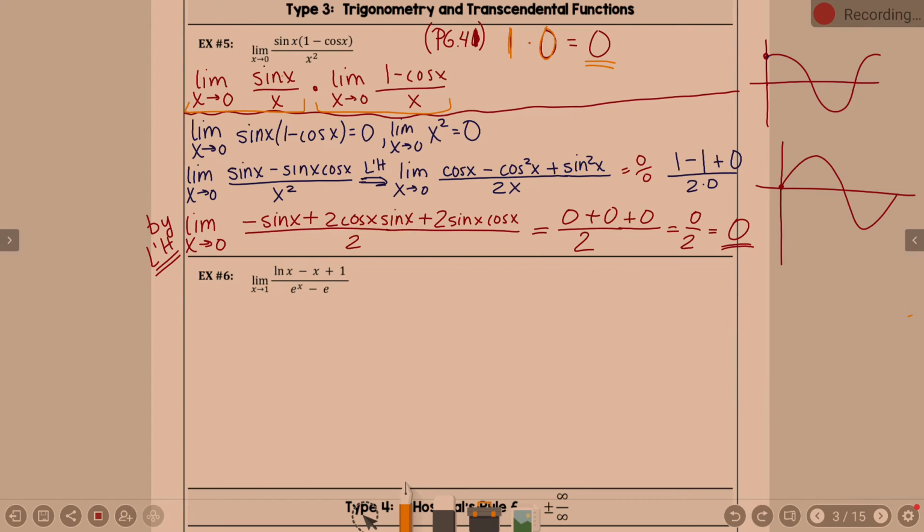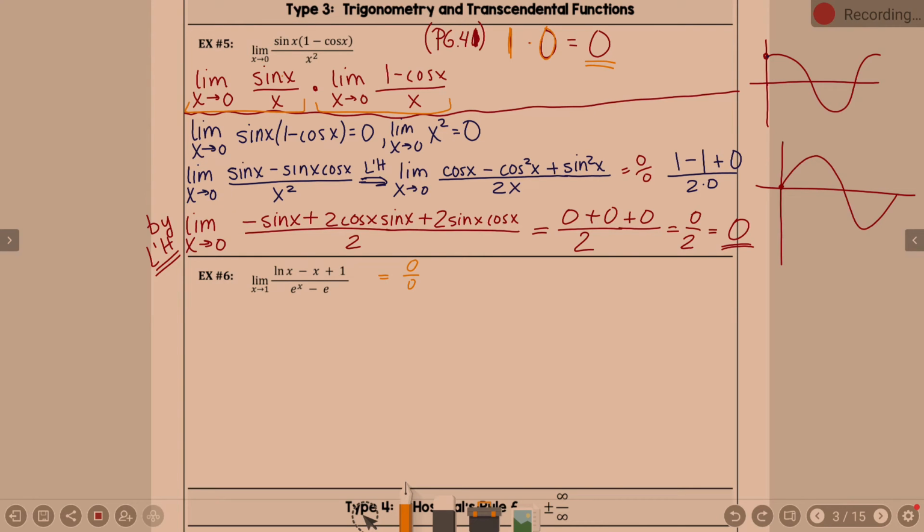Okay. Example 6. What happens when we put in 1? I'm going with 0 over 0. Natural log of 1 is 0. That's a good one to know, right? Natural log of 1 is 0.